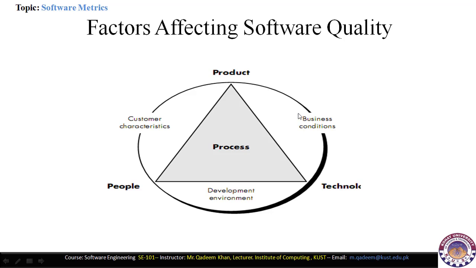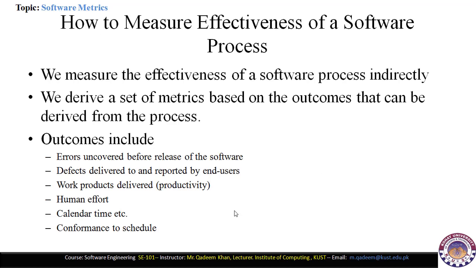If the budget exceeds the benefits of the project, then it means that the project will fail, otherwise it will be a successful project. So these are multiple factors which affect the quality of the software. Now, how can we measure the effectiveness of a software process?